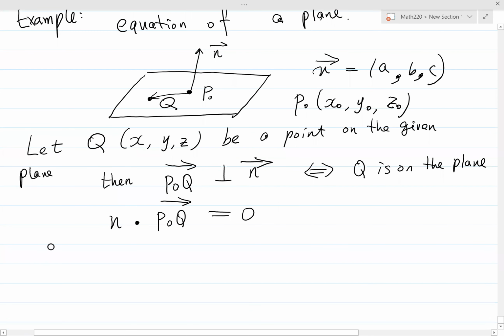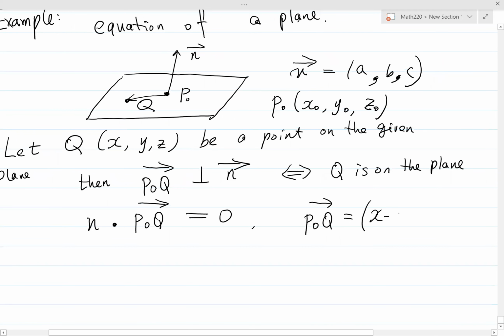Then we can write the dot product equal to 0 as follows. P0Q is head minus tail. The coordinates of Q you can write down: x minus the x coordinate of P0, x0, y minus y0, z minus z0. Now n is (A, B, C).